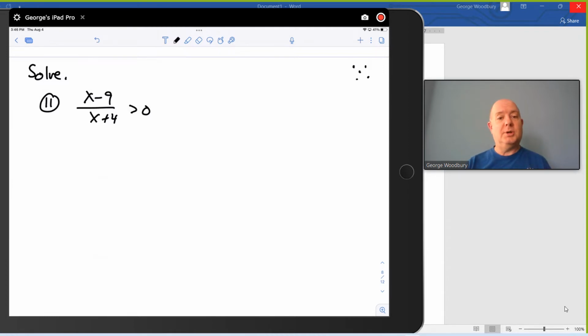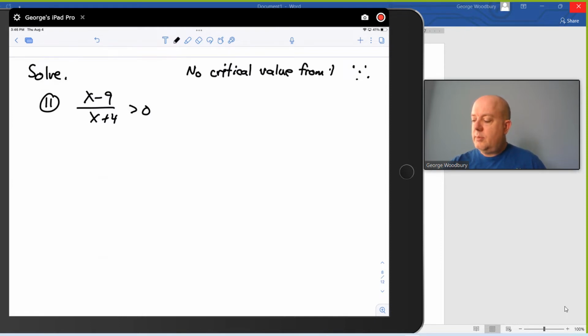There's one really big difference here though, and that is that no critical value from the denominator can be included as a solution.